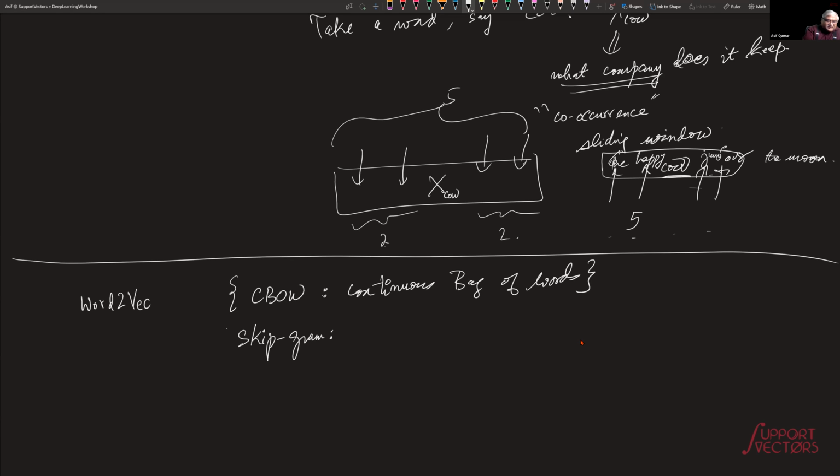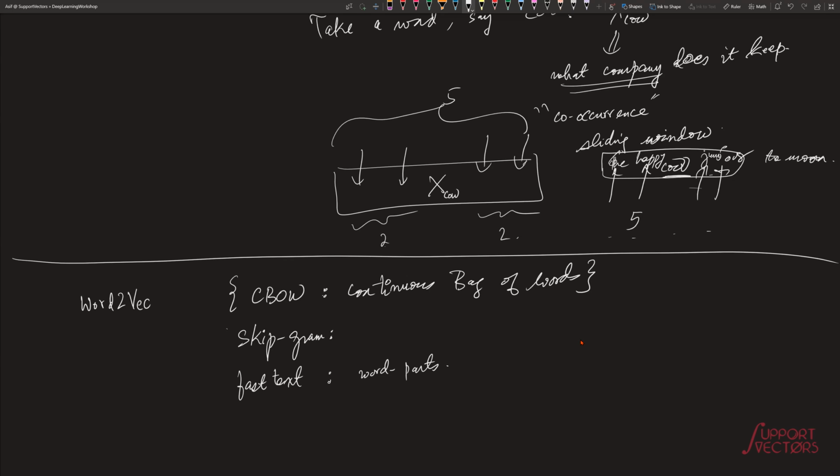People don't shorten it as SG or something. And the last one is called fastText, which is in the same family as word2vec, though sometimes people consider it a different algorithm. The interesting thing that it does is it doesn't use words, but it uses word components, parts, in an interesting way. We'll talk about it, but they're all very related algorithms.